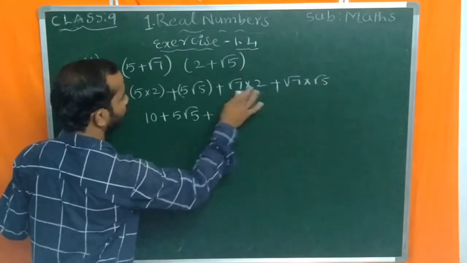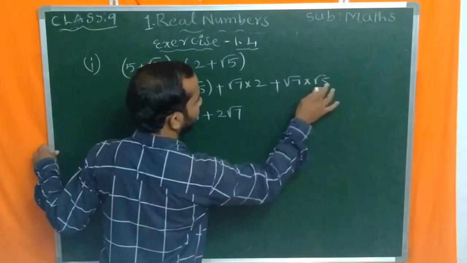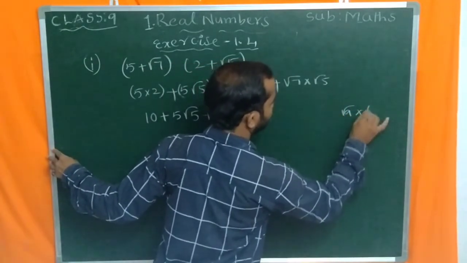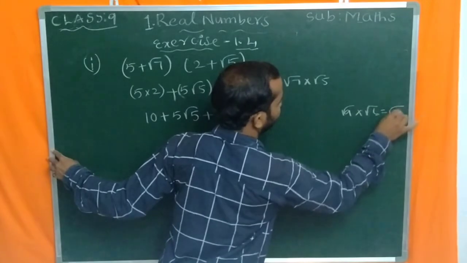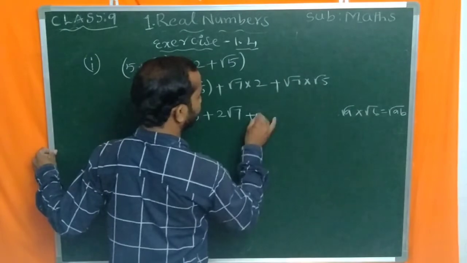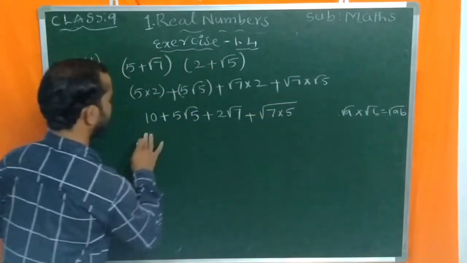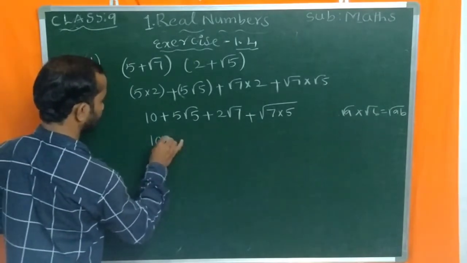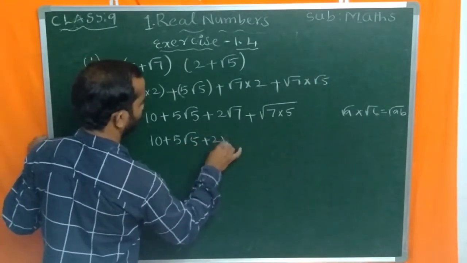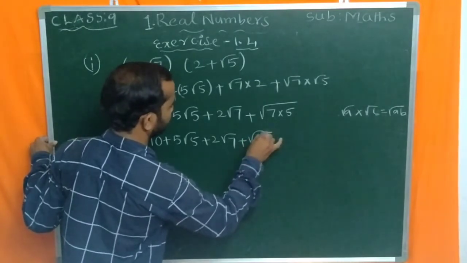Next, 2 into root 7 is 2 root 7. Root a into root b equals root of ab, so root 7 into root 5 is root of 7 into 5. So here it is 10 plus 5 root 5 plus 2 root 7 plus root 35.